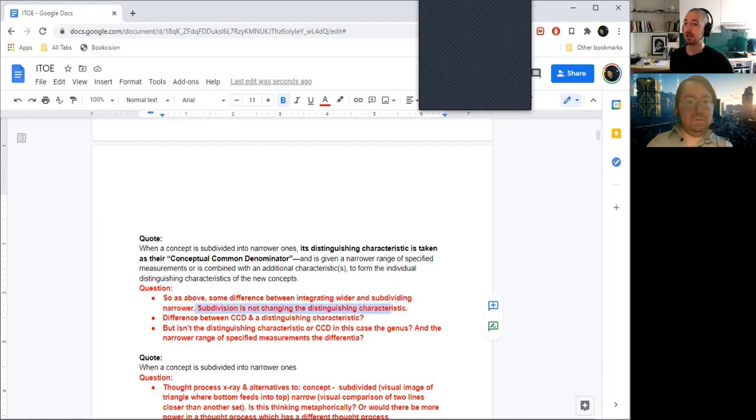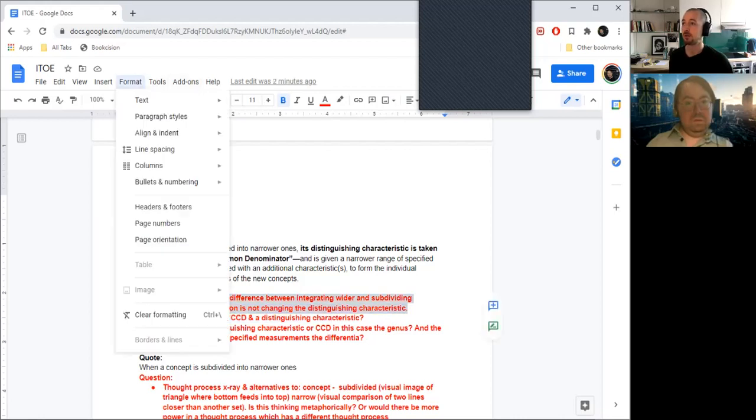Actually, I can see, I said subdivision is not changing the distinguishing characteristic, which is true. When you go wider, I don't mean changing in the sense that the distinguishing characteristic remains the same, but obviously the measurements are changed.